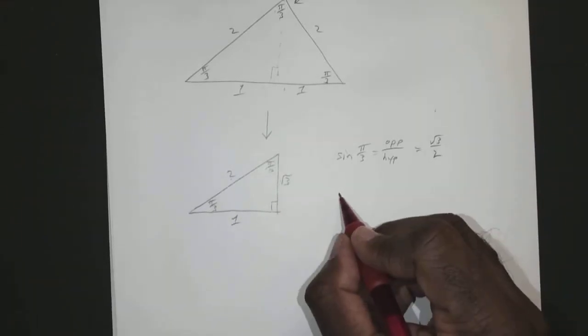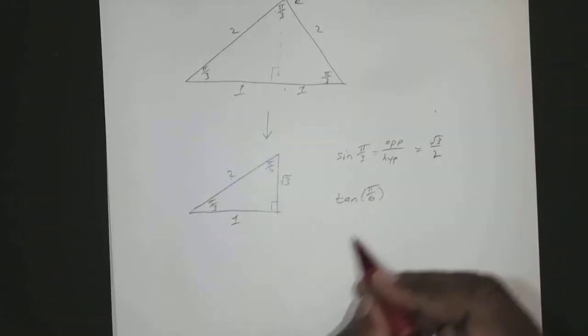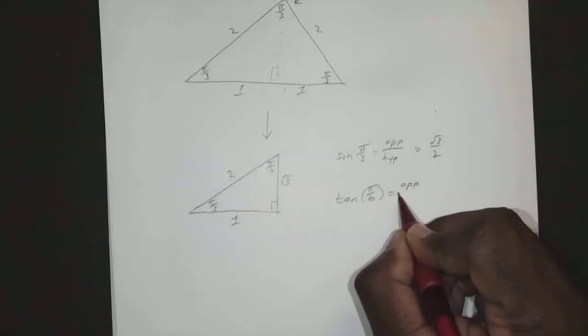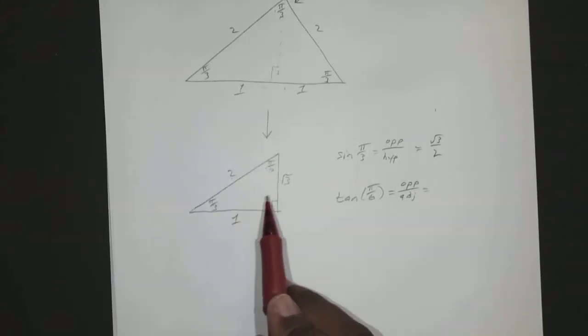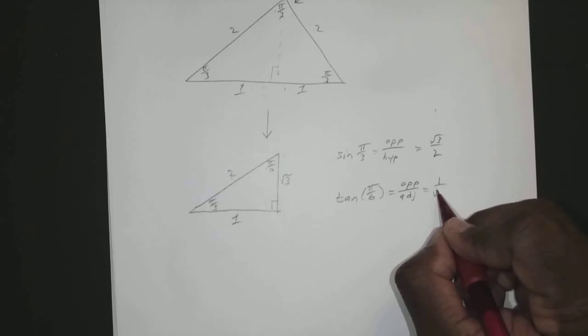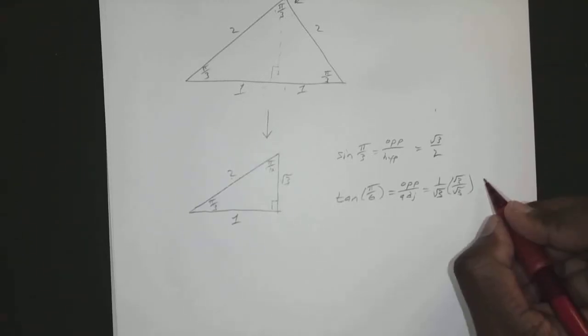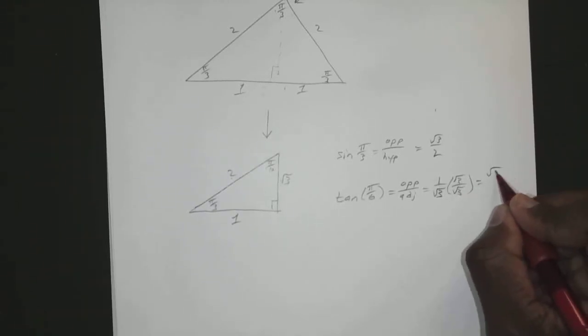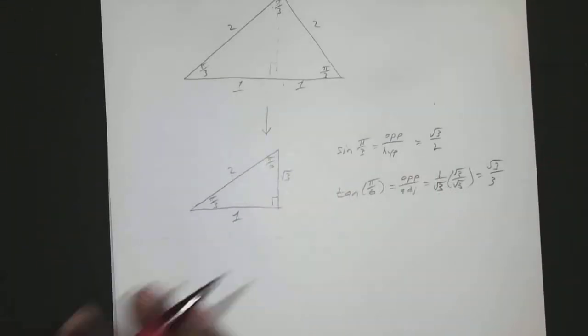If we want to find tangent of pi over 6, remember that's opposite over adjacent. Opposite over adjacent, 1 over square root of 3. If we rationalize it by multiplying them both by square root of 3 over square root of 3, you get square root of 3 over 3. So that entire list can basically be simplified with that, at least the pi over 3 and pi over 6.